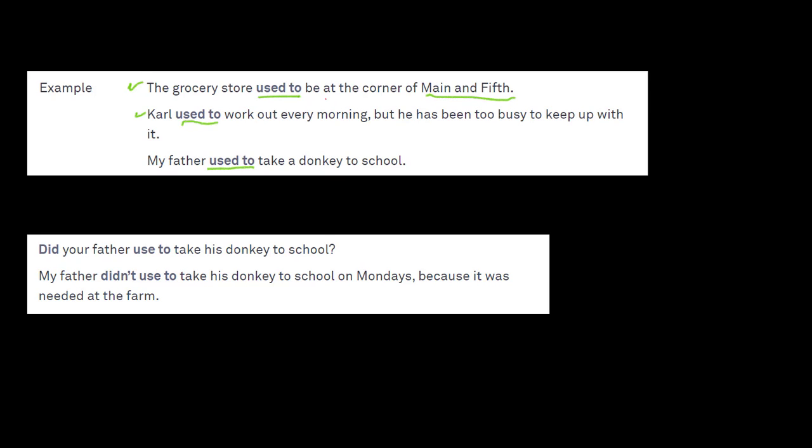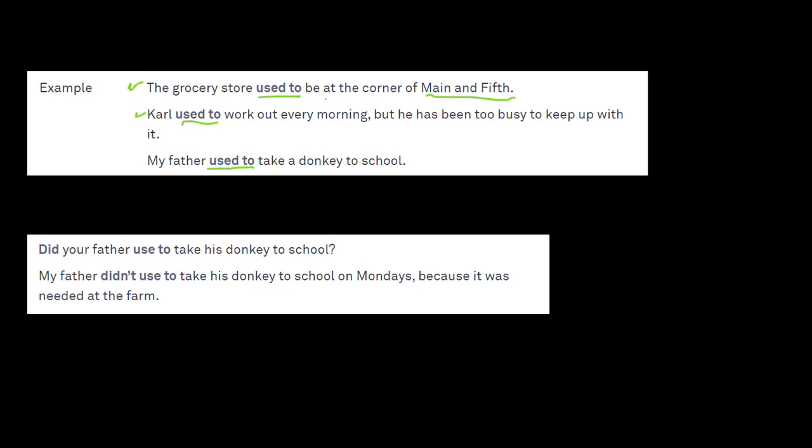Then if I ask you a question about whether the use of used to is similar or different among the three sentences, how would you answer my question? Or in other words, do you see any difference in terms of how used to is used among these three sentences?